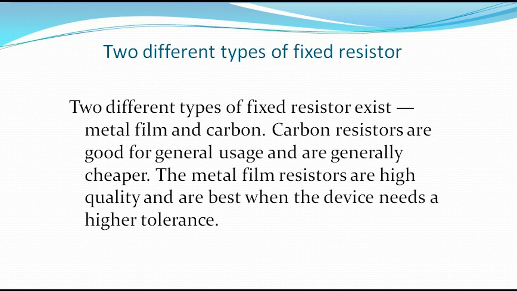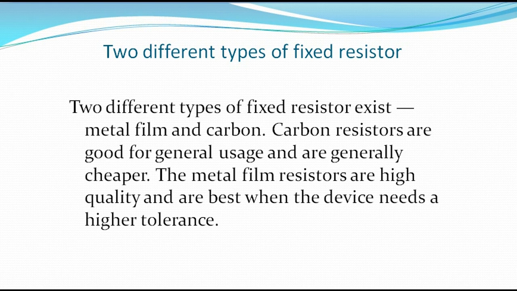Carbon resistors are good for general usage and are generally cheaper. The metal film resistors are high quality and are best when the device needs a higher tolerance.